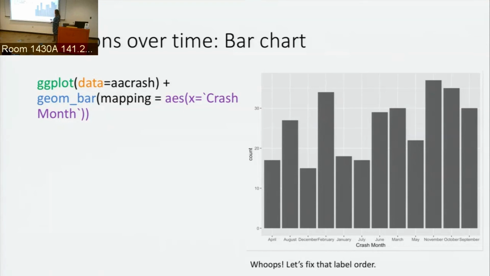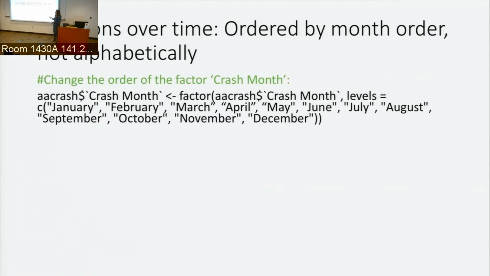To make it chronological, we're going to transform our variable crash month. If you don't have something related to time or dates and you want to reorder the levels of your factor in a specific way, you have to type out all of the different levels in the order that you want.